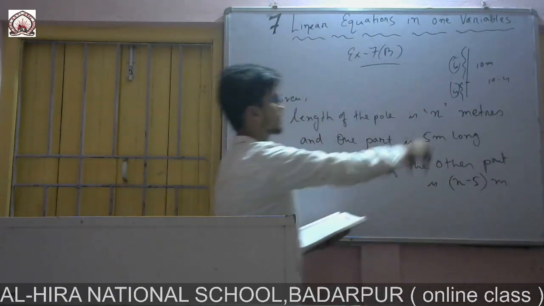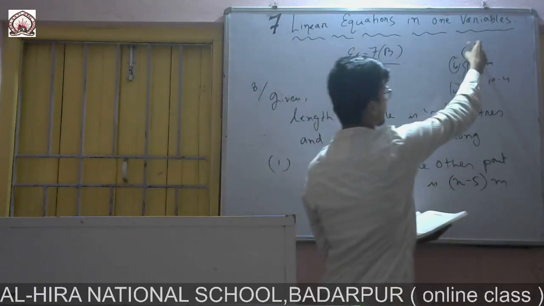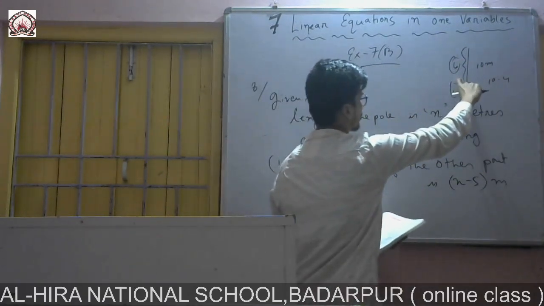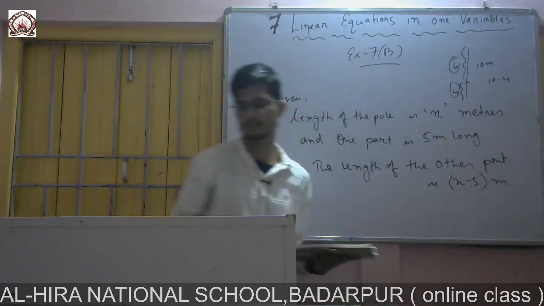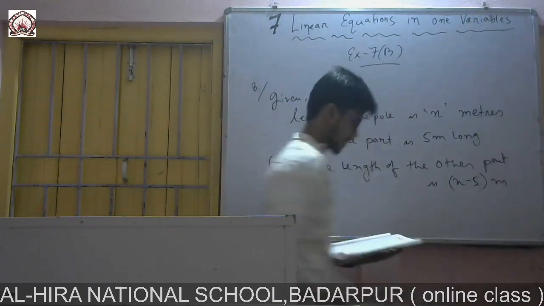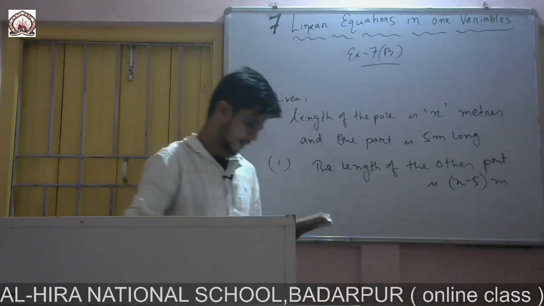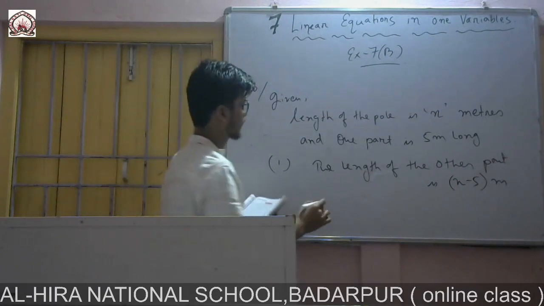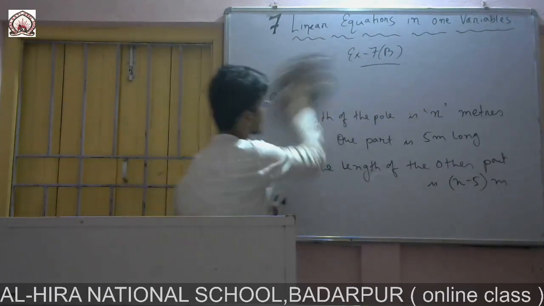So like earlier, it is given in the question the length of the pole is x meter. So one part is given 5 meter, then the rest part will be x minus 5. Now Roman number 2. Okay, let me rub.